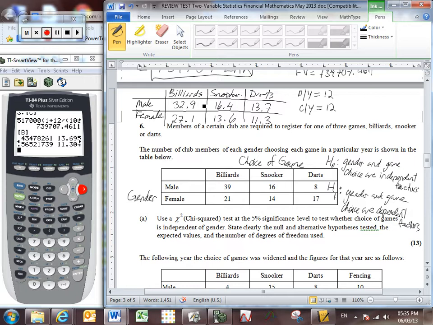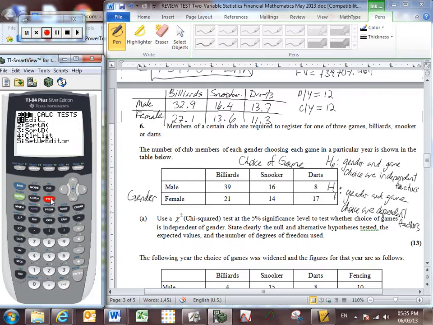So I need to calculate the value of chi-squared. I did do that, didn't I? But I've already lost it, so I better do it again. Stat tests, chi-squared, and I'm going to write down the, oh shoot, try again, stat tests.